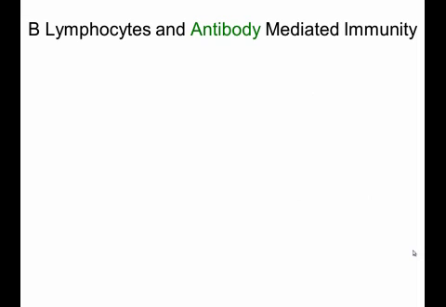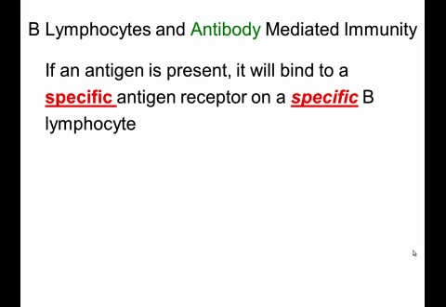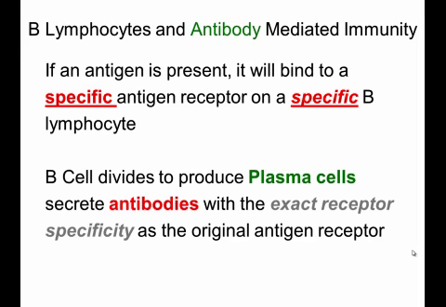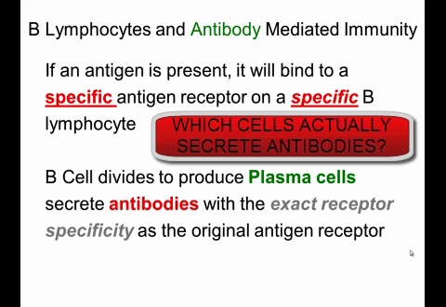The first type of specific acquired immunity that we'll look at is the antibody-mediated immunity. This involves the B lymphocytes. So it goes through several steps. If an antigen is present, a specific antigen will bind to a specific receptor on a specific B lymphocyte, and so we would say that this B lymphocyte has been activated, and that B lymphocyte then goes through some mitosis and produces cells called plasma cells.